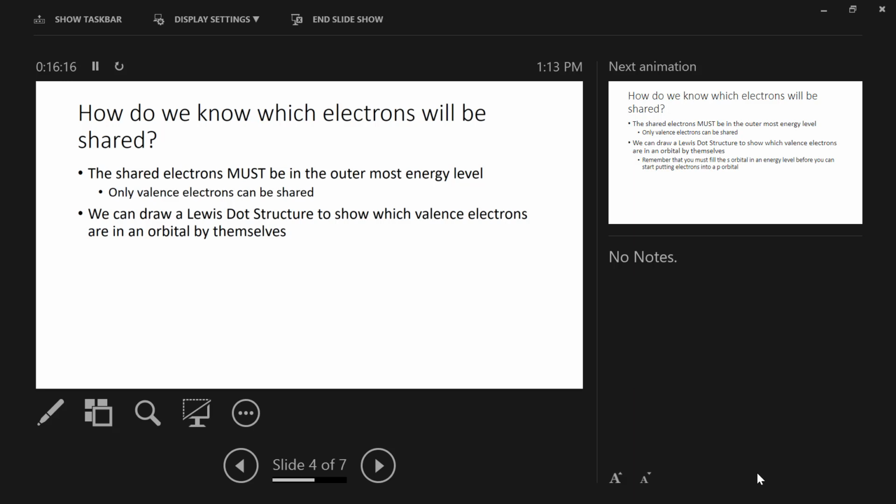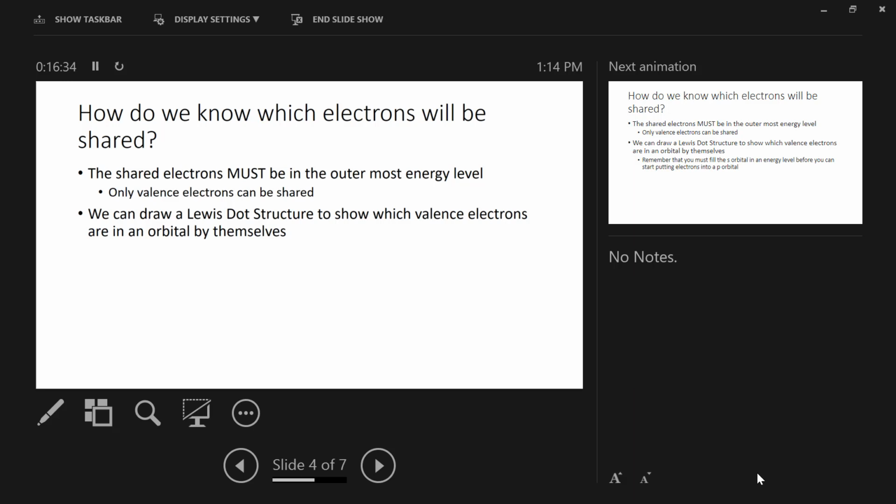Did you pick up on the interesting feature of this sentence? What's the most interesting part of this sentence? What's that? Draw? You're like, that sounds pretty interesting. In an orbital by themselves.